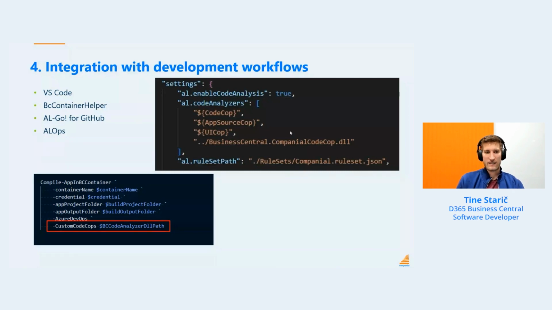If any of you are using AL-Go for GitHub or ALOps as your CI/CD provider, I didn't play around with those too much, but I did go through them just enough to see that they both have settings where you can specify additional code cops and include them into those pipeline runs as well.